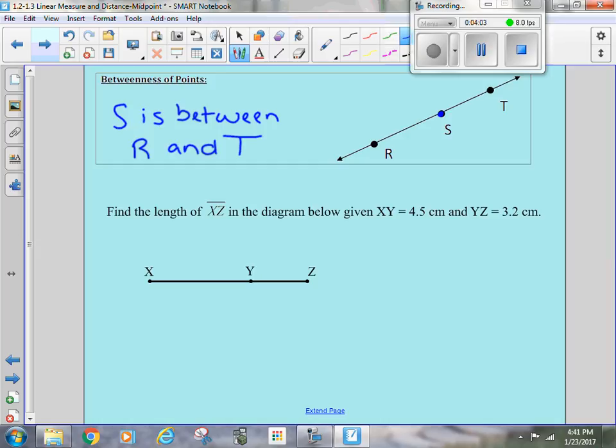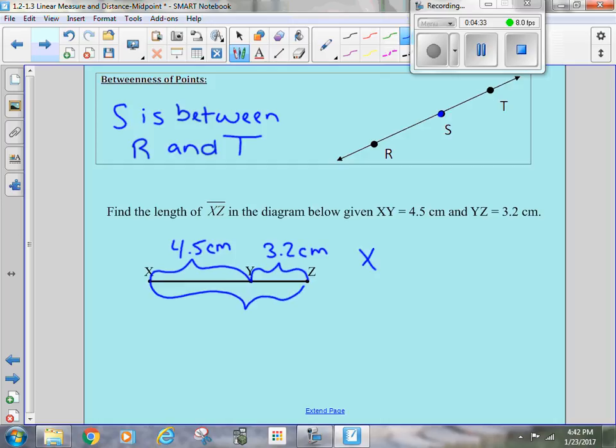Now we're going to talk about finding lengths of segments without having a ruler. Find the length of XZ in the diagram below, given that XY is 4.5 centimeters and that YZ is 3.2 centimeters. So we want to find XZ.